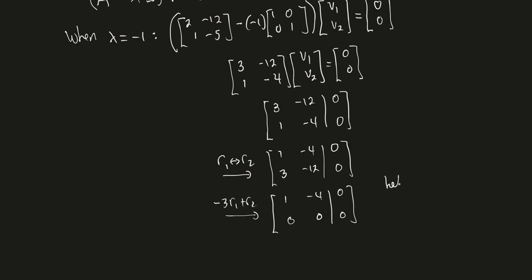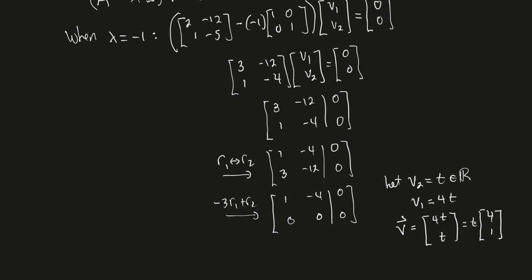So let v2 be equal to t, our parameter, and then this means that v1 is equal to 4t. So here is our vector. The first component is 4t, and the second component is t. And notice, because they have a t in common, we can factor out the t, and then we get the vector 4, 1.